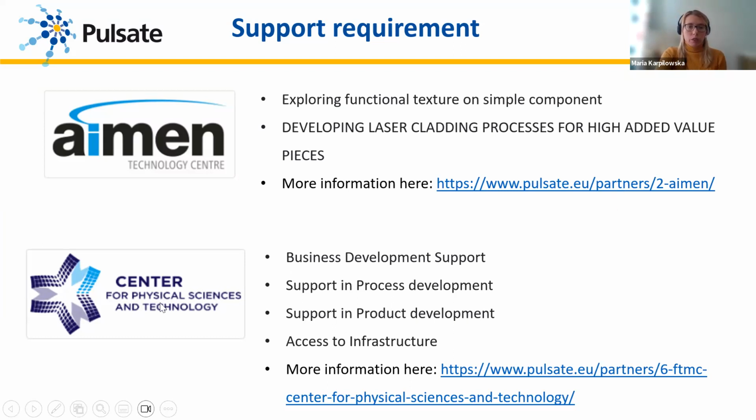Then from the Center for Physical Sciences and Technology, the Lithuanian based research center, we have business development support in process development, product development, access to infrastructure, and just like in the previous case, you can find a detailed description at the Pulsate network website.